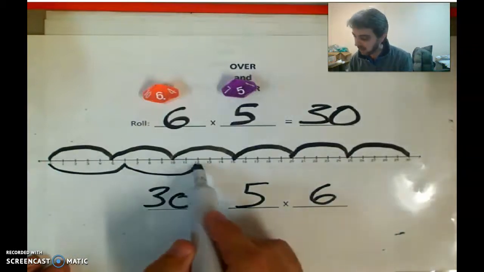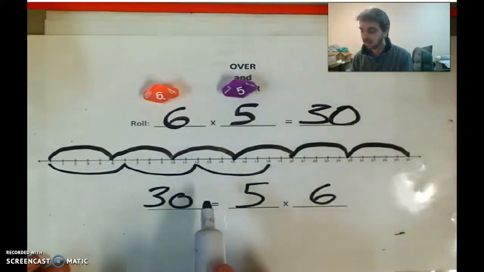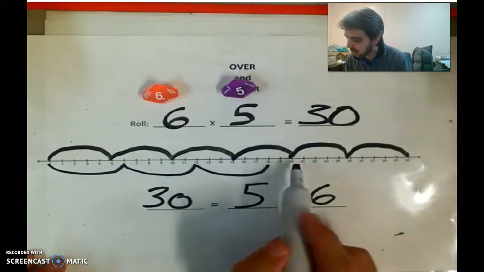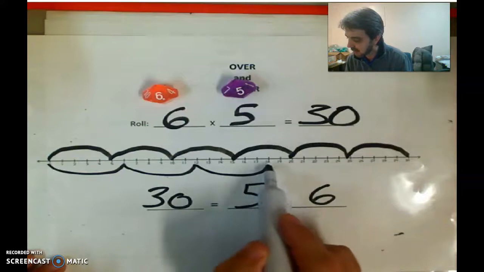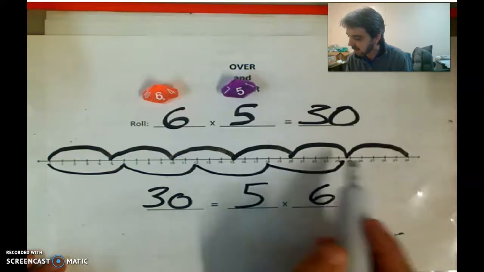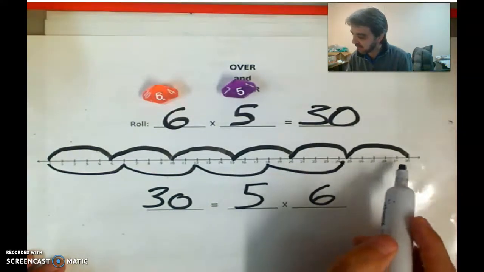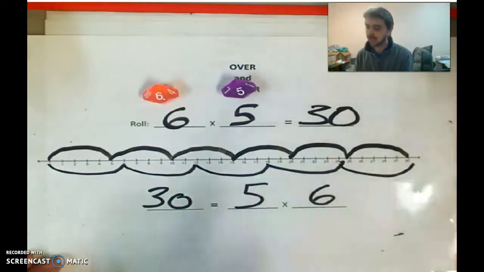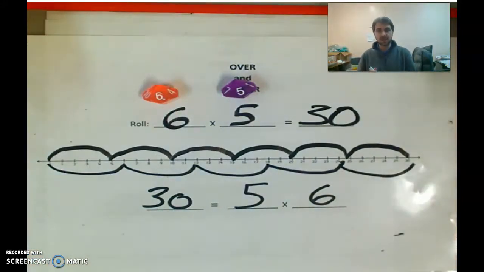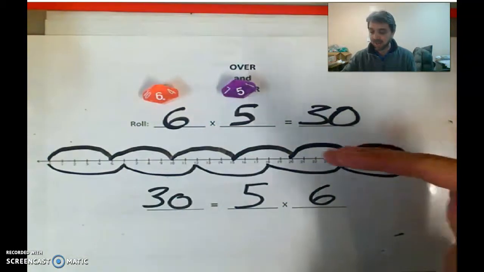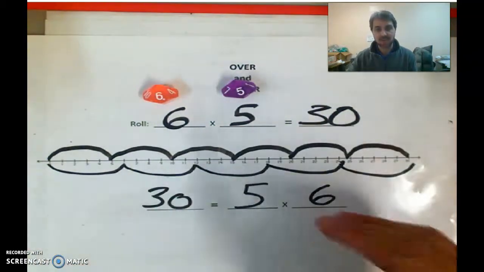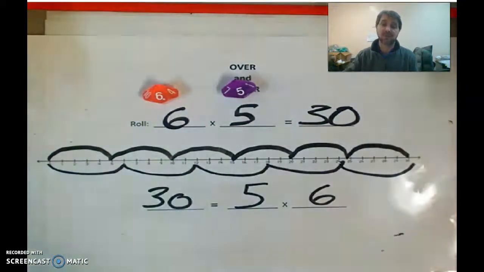Another hop would get me to 18. And if you're not sure, you can just count, right? You go 1, 2, 3, 4, 5, 6. That gets me to 24. 1, 2, 3, 4, 5. Yep, it gets me right to 30. Look at that. Pretty cool, right, boys and girls? 6 hops of 5 is the same as 5 hops of 6, and we just proved it right there.